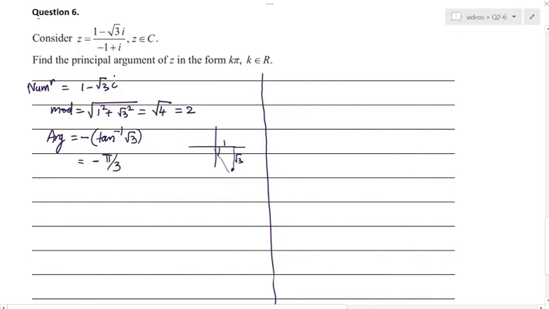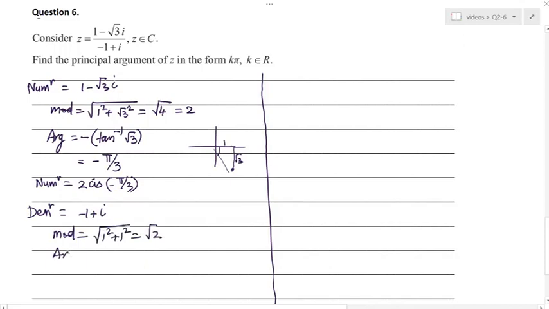Therefore the numerator becomes 2 cis minus pi over 3. And likewise we work with the denominator here. The denominator is given as minus 1 plus iota, which tells you that its mod is square root of 1 square plus 1 square, which gives you square root of 2.